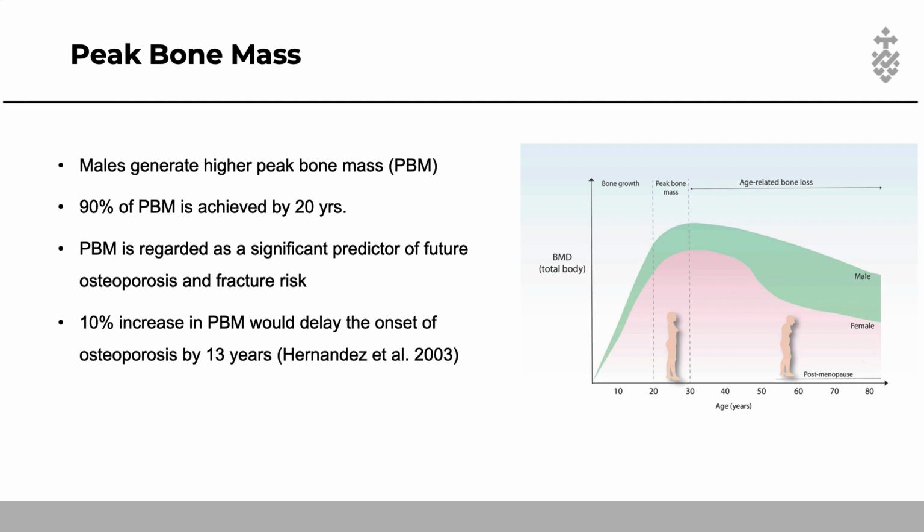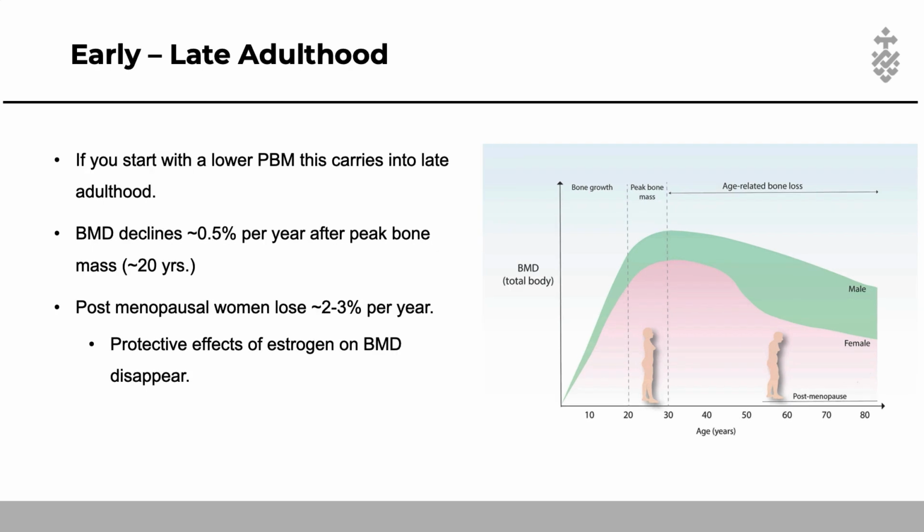And what they've suggested is that a 10% increase in peak bone mass could delay the onset of osteoporosis by 13 years, which is quite a long time. So we said that 90% of our peak bone mass is achieved by 20 years old, and this is then followed by an age-related decline in bone mineral density.